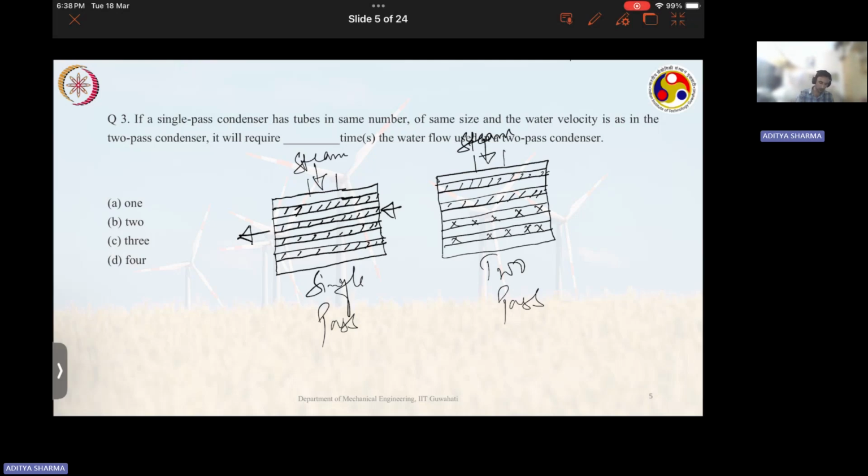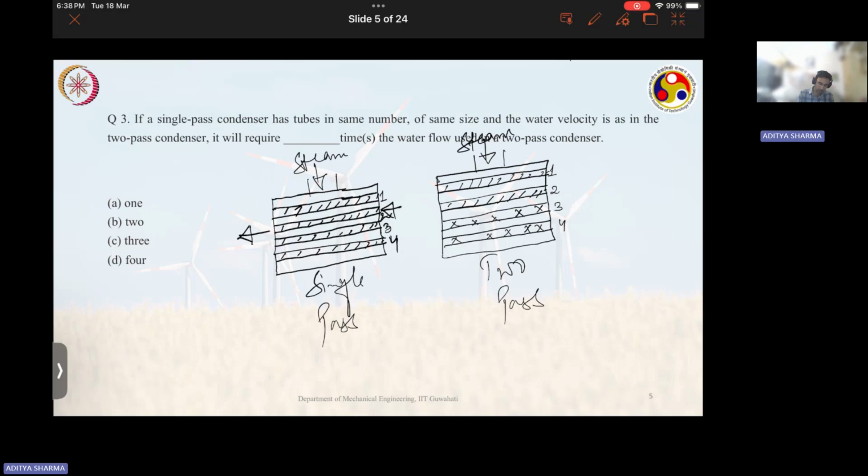So if your cooling water has passed from tube one, it will not pass from any other tube, right? Same is for your 2, 3 and 4 tubes.